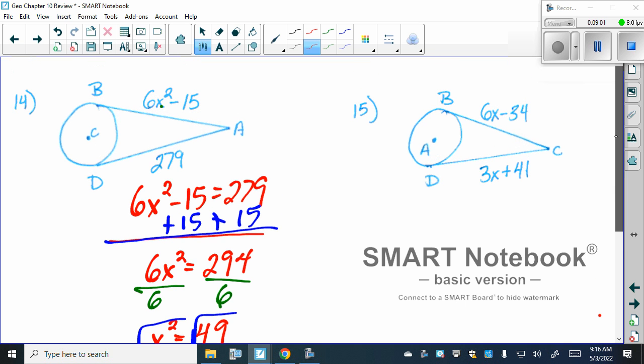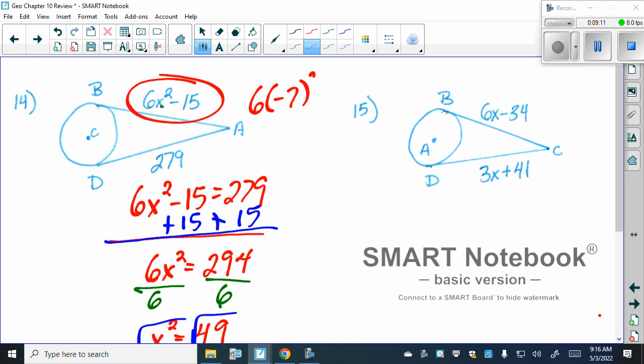So for this one here, because it's x squared, both are actually technically correct. Because 6 times negative 7 squared minus 15 is going to give us 279. And 6 times 7 squared minus 15 is still going to give us 279. We'll get the same answer either way.